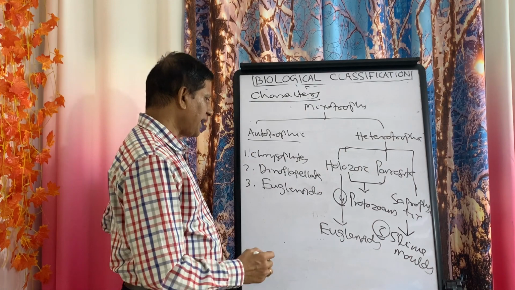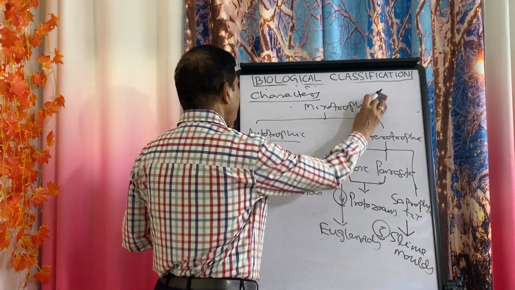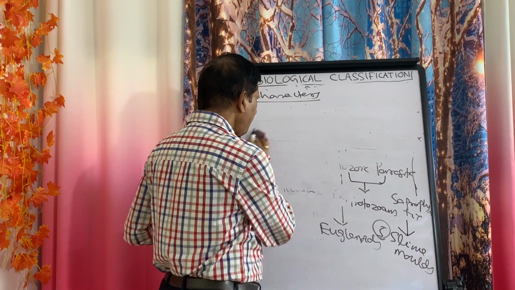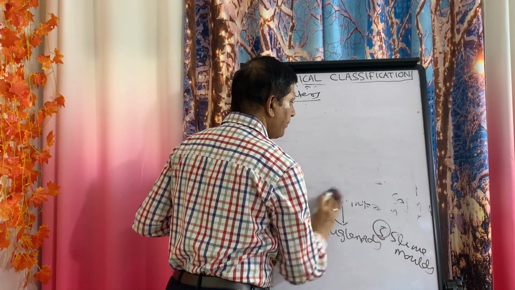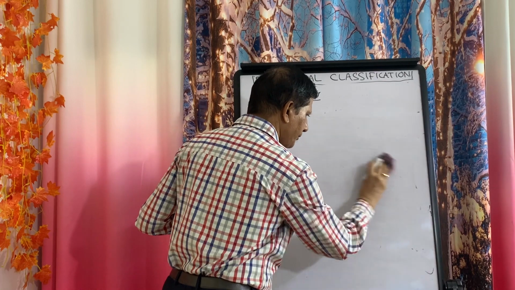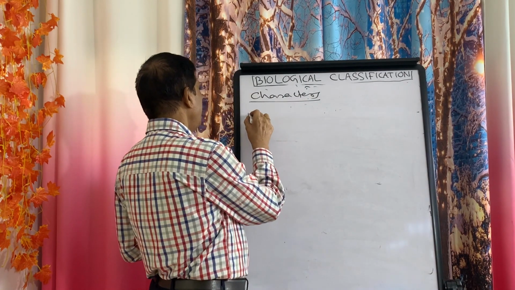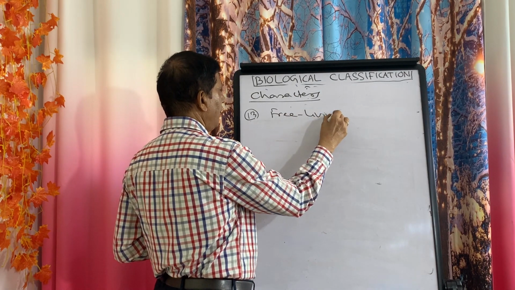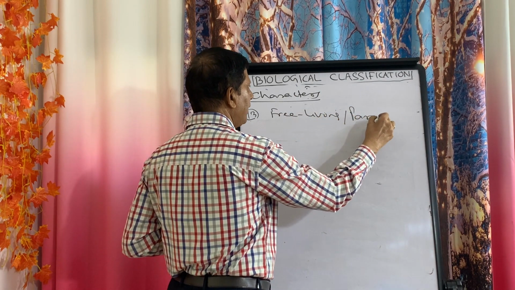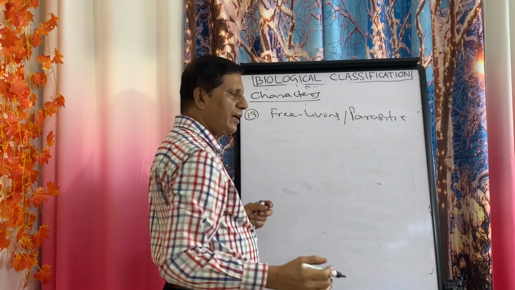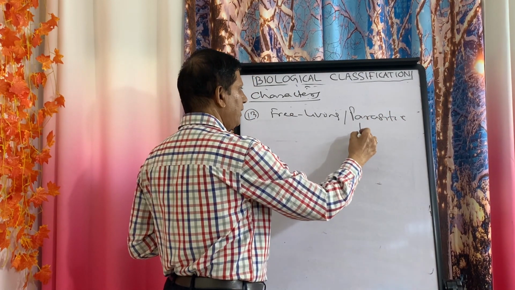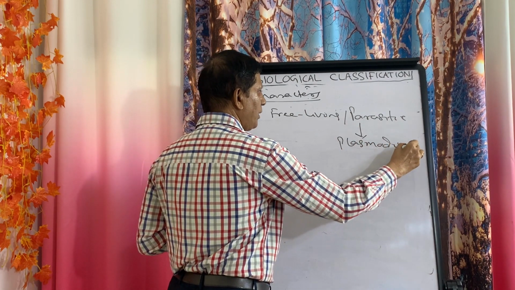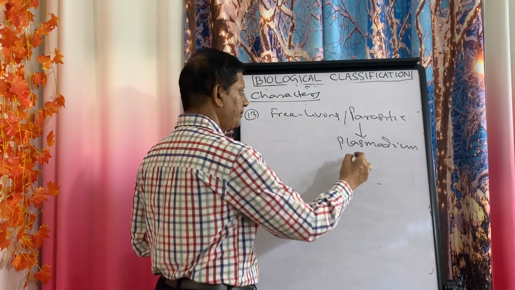But there is still another character left. The protists may be free living or they may be parasitic. And the common example of parasitic is the Plasmodium, which causes malaria.